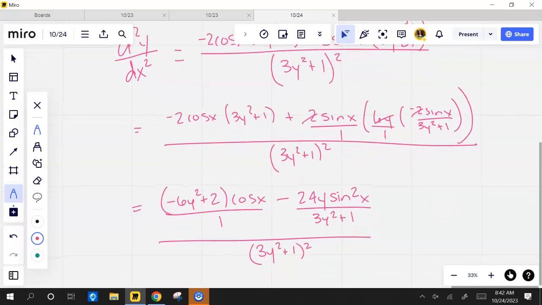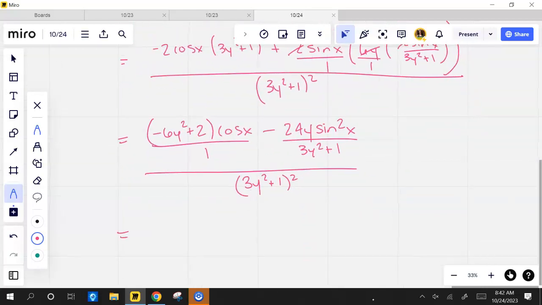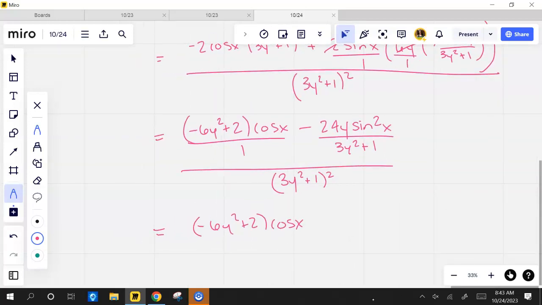I don't know that I would keep going on this unless I was specifically asked to simplify it. They did. I mean, I'll be happy to. You want me to keep going? It'll be fun. Negative 6y squared plus 2 cosine x. I'm going to multiply this one by a 3y squared plus 1 to give them the same denominator, all over 3y squared plus 1.